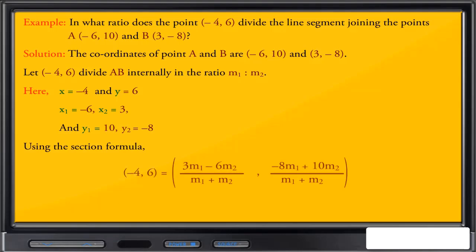Using the section formula, we get (-4, 6) is equal to (3 into m1 minus 6 into m2 upon m1 plus m2, -8 into m1 plus 10 into m2 upon m1 plus m2).